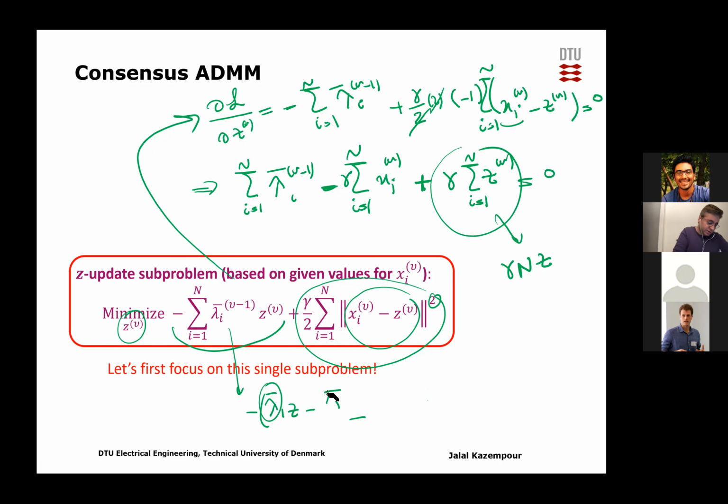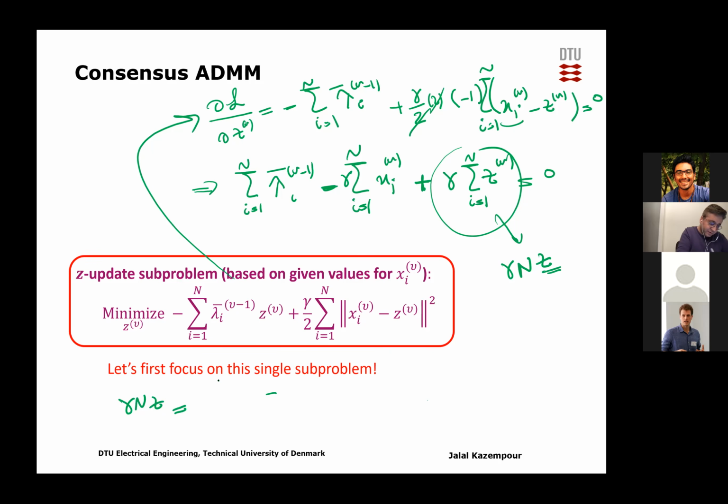So what we end up with, if I'm not wrong, is that we would like to write the value of z. Gamma n z, if we put it the other way around, will be gamma sum over i from 1 to n of x_i in the previous iteration nu minus the other one, sum over i from 1 to n of lambda bar i in the previous iteration.